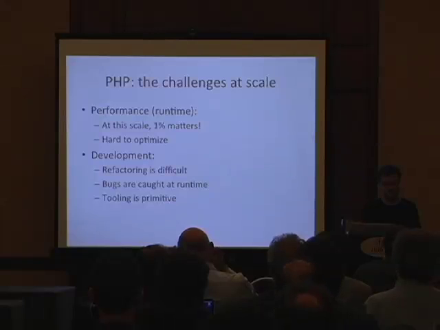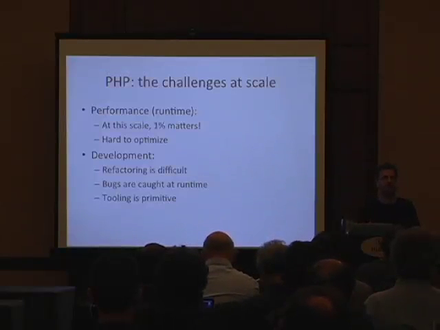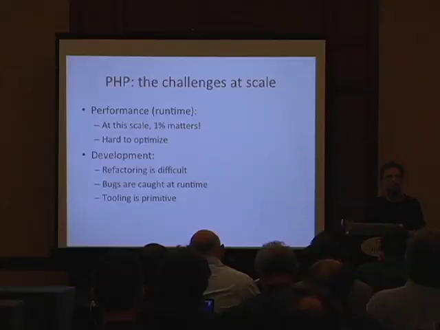So performance is really critical. The thing is, PHP wasn't designed to be heavily optimized. And so it's hard to optimize in the sense that there are many dynamic features in the language. And it's not impossible, but the runtime will have to rediscover many of the invariants at runtime.